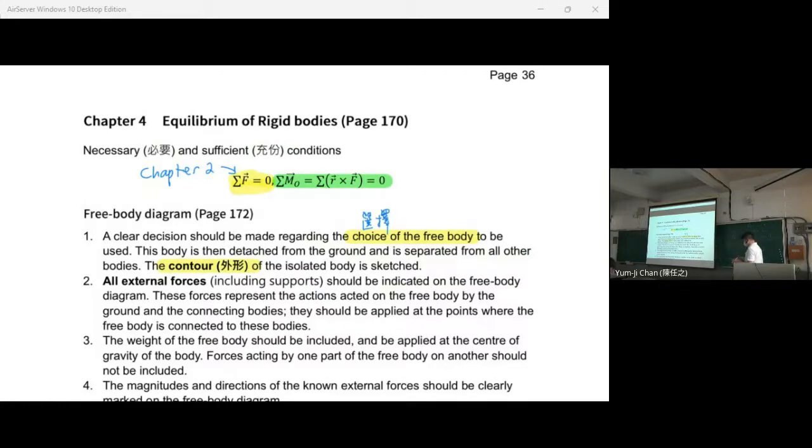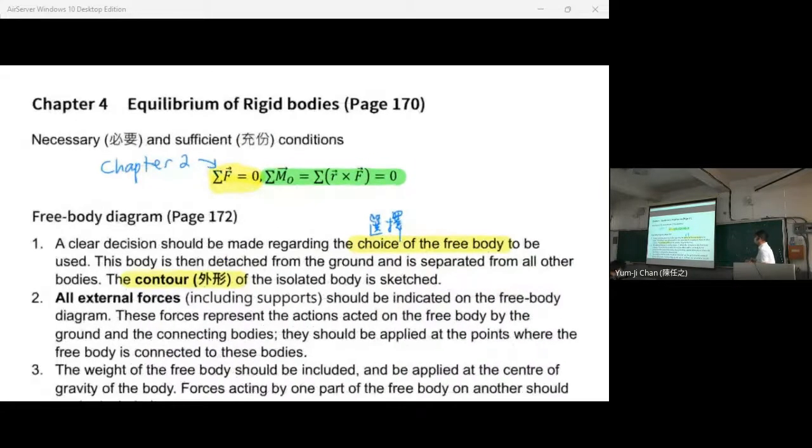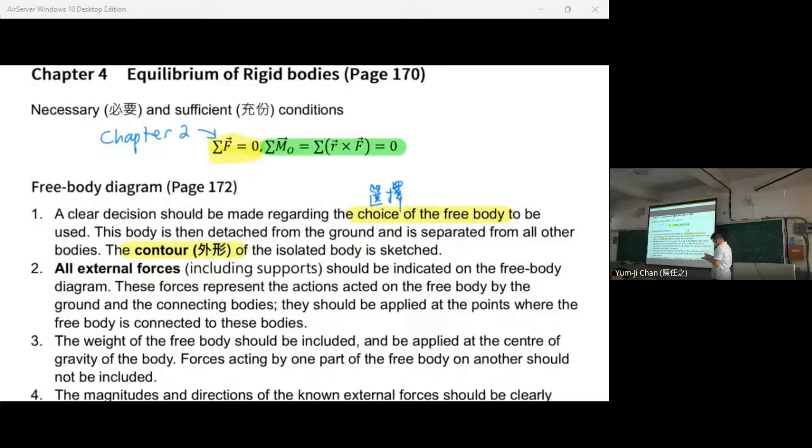So how do you choose your free body? That is the first thing. The second thing is all external forces should be shown, including supports. For your seniors, this is the point that costs the most marks, because sometimes they forget to put all the external forces there.